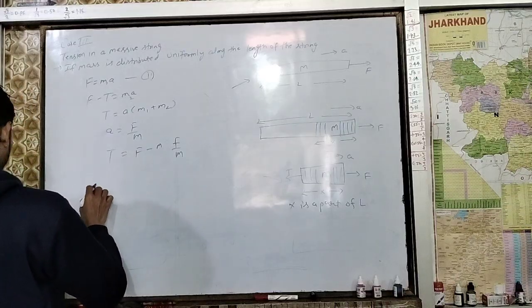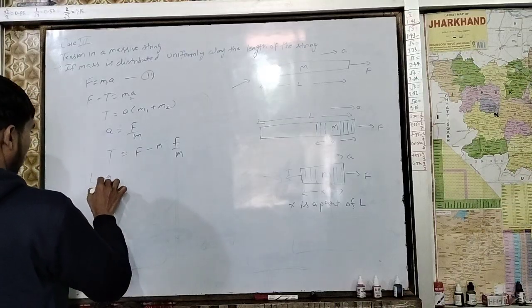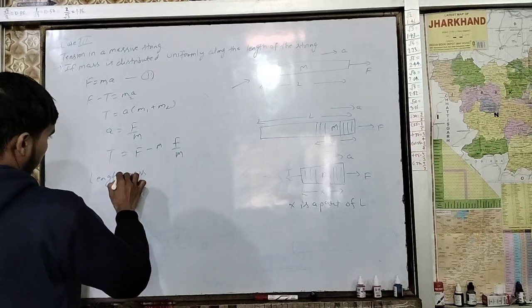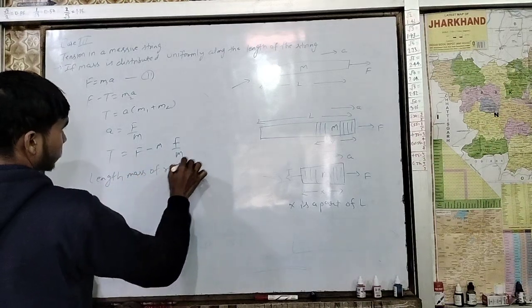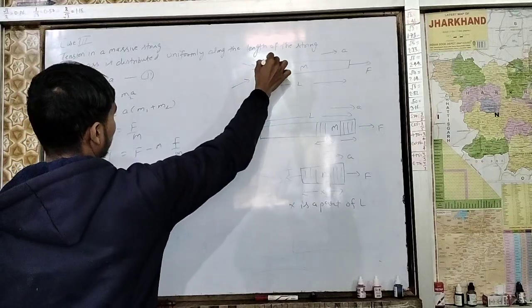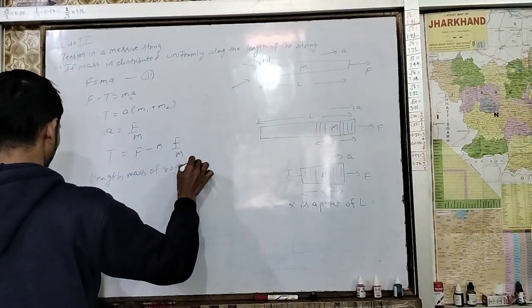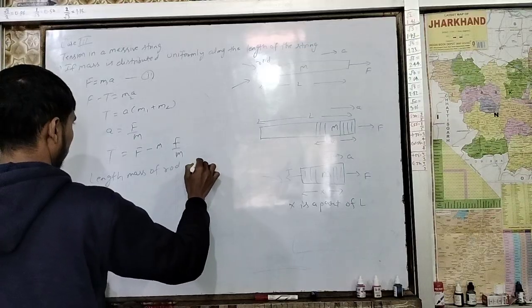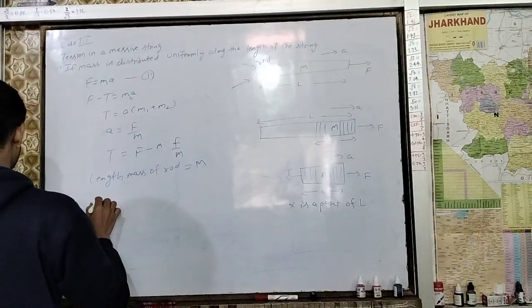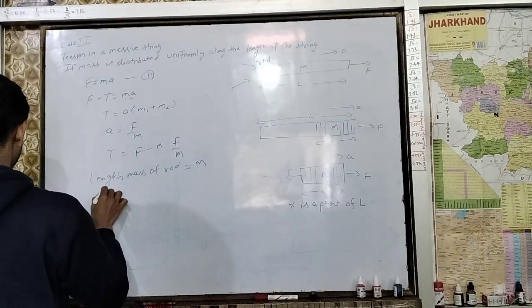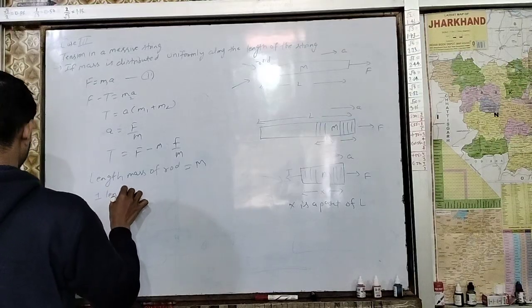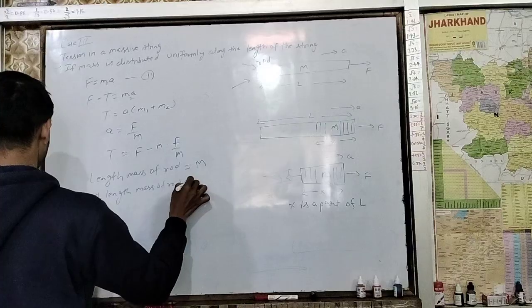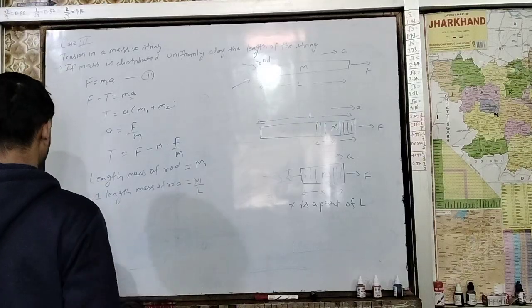To calculate the length mass of a rod, this was our rod. The mass of the rod will be our M. So one length of the rod should have how much mass?